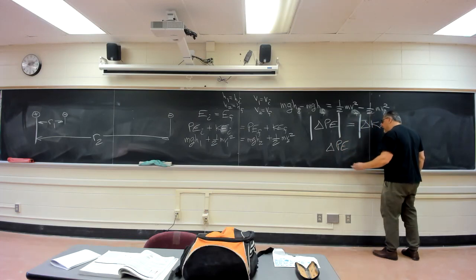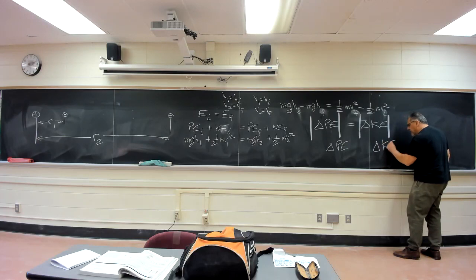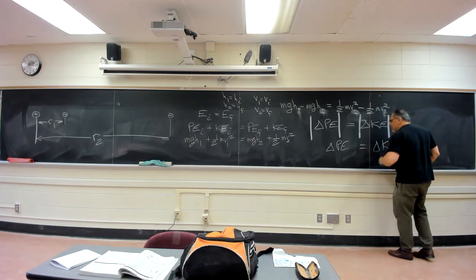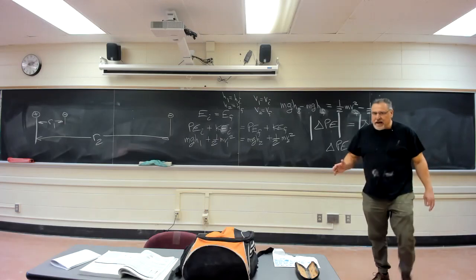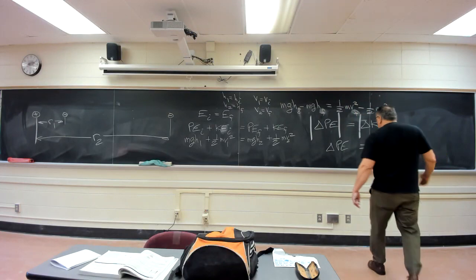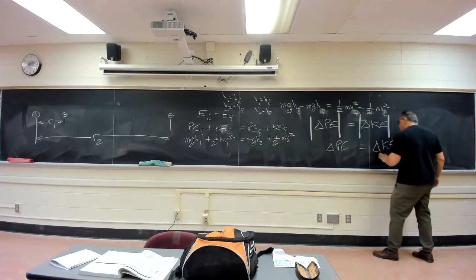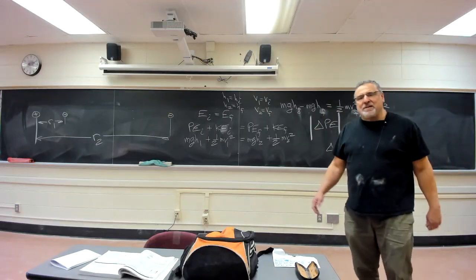I can figure out a difference in potential energy and a difference in kinetic energy, and the magnitude, which is a positive number or 0 but not less than that, of the change in potential energy equals the magnitude of the change in kinetic energy.